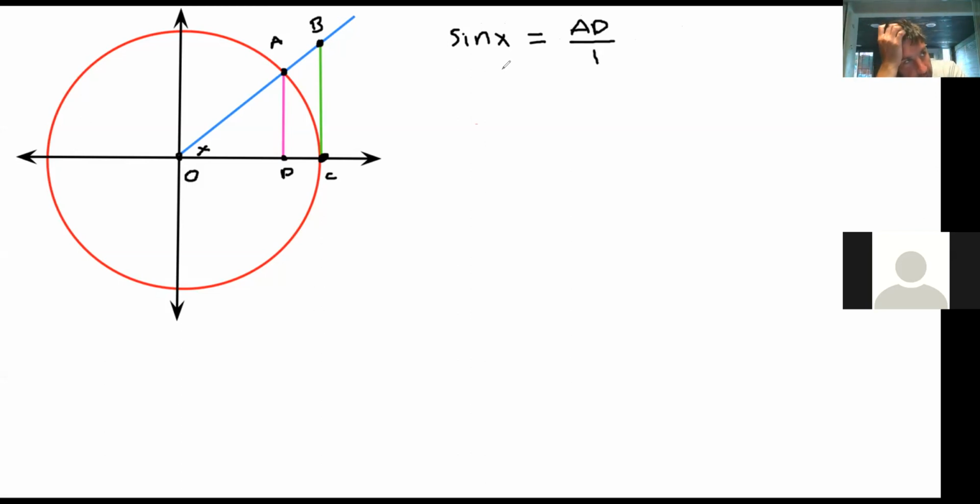So the opposite is the line AD, or segment AD, if you will. What else can we say? Similarly, we know that the cosine of x is what? Well, the cosine of x is OD over 1.